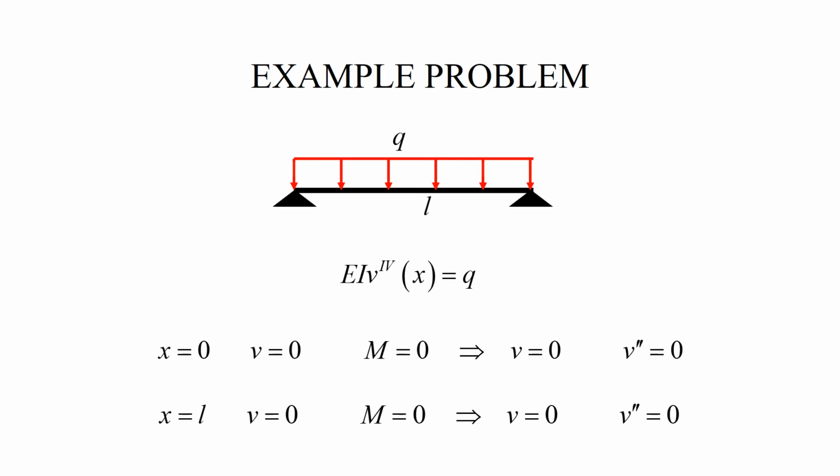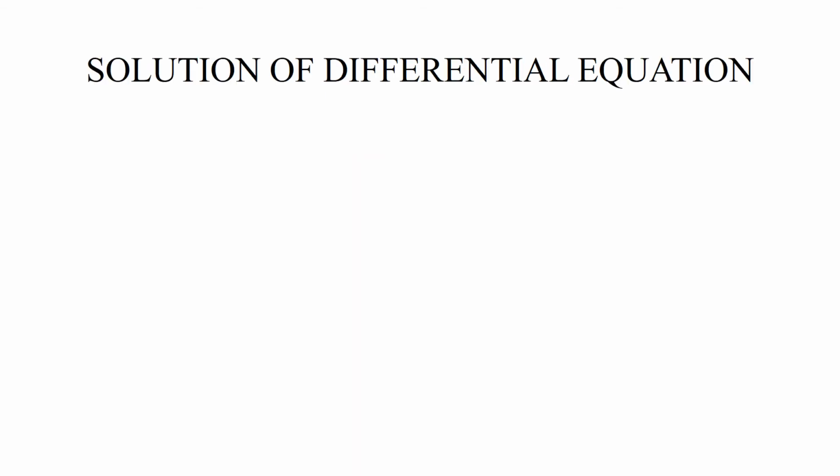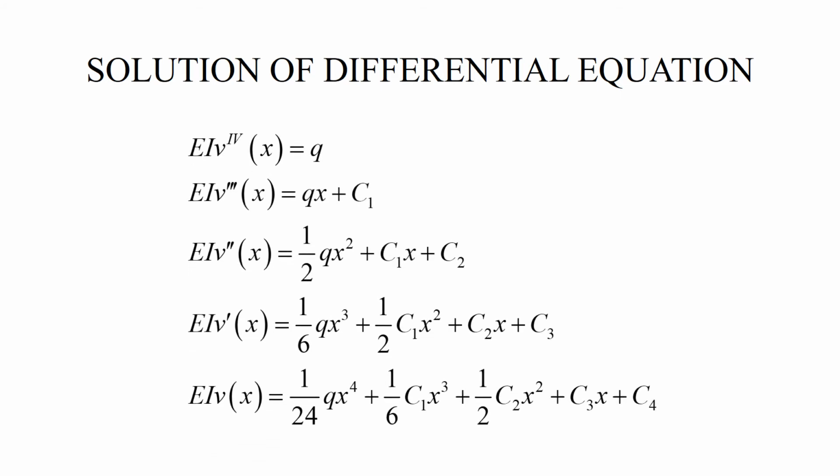How do we solve it? It's not particularly complicated. All I have to do is start with the differential equation, and then I tediously integrate line by line. So the third derivative is qx plus c1.